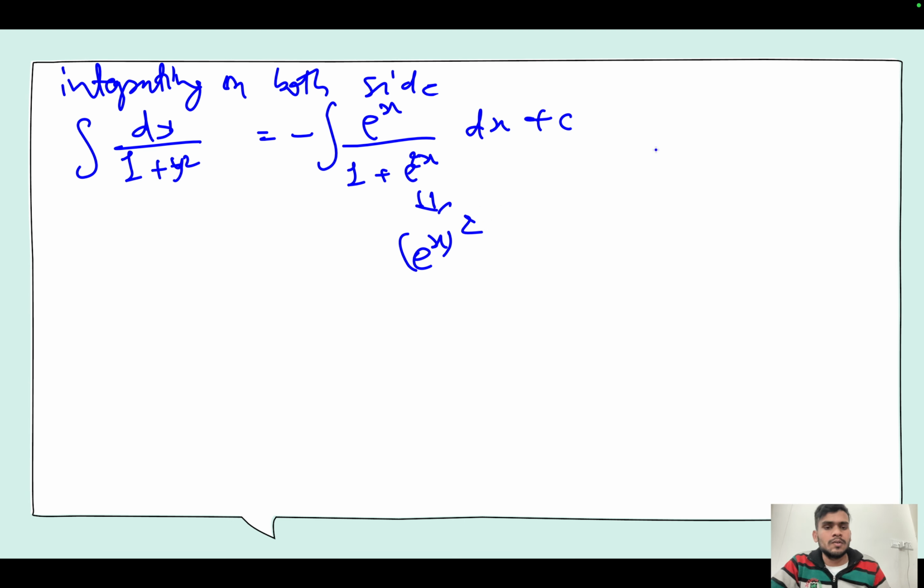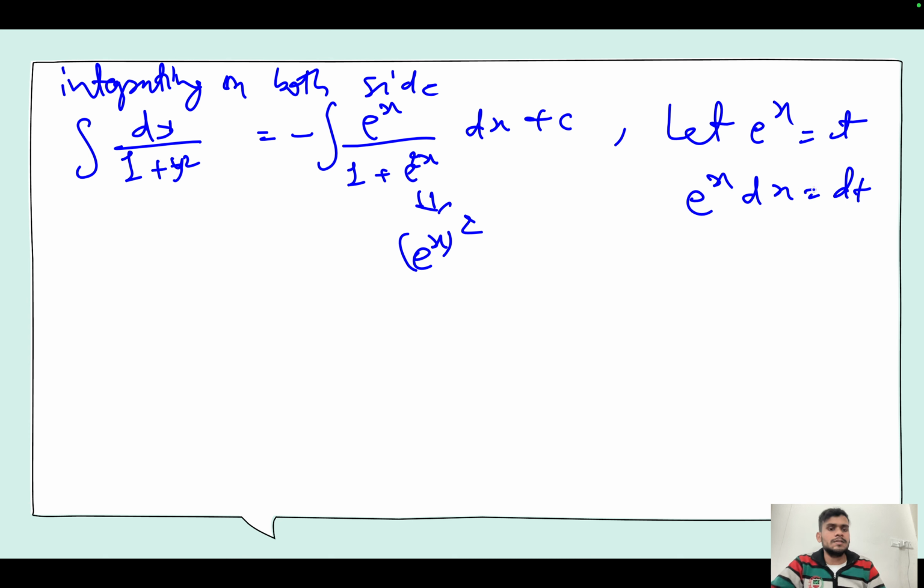Now let e to the power x is equal to t, then e to the power x dx is equal to dt, just differentiating.